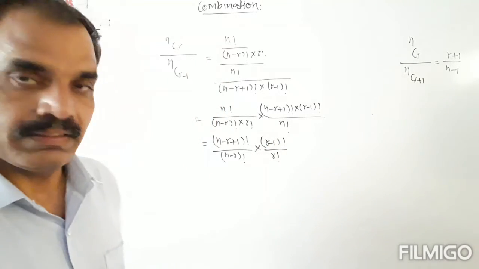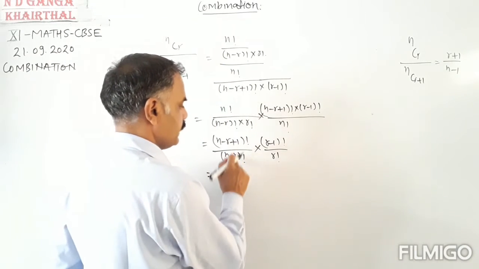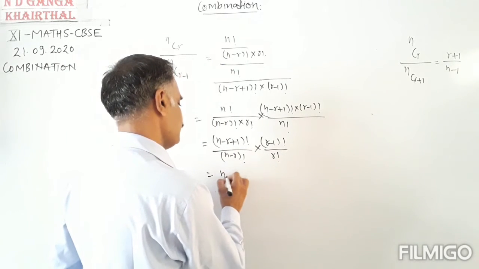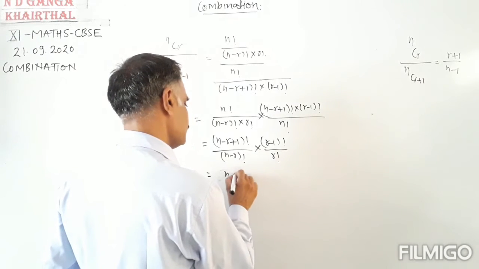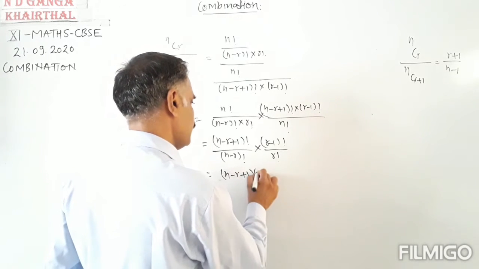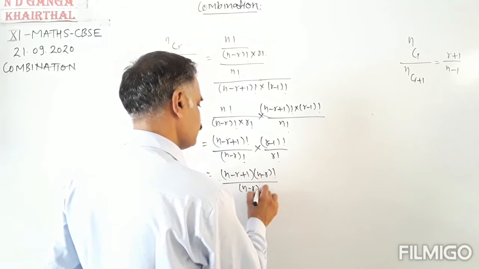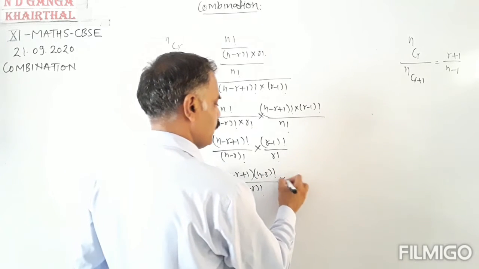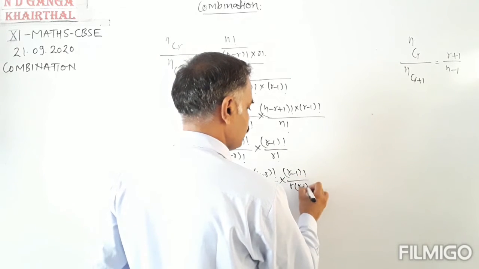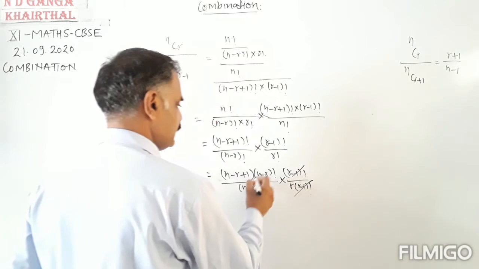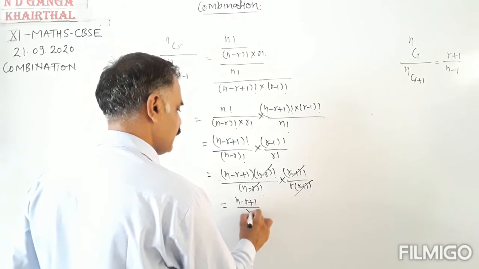Okay. So expanding the greater factorials: n minus r plus 1 is greater, so expanding this one time, n minus r plus 1 into n minus r factorial upon n minus r factorial, into r minus 1 factorial upon r into r minus 1 factorial. This will cancel this, so it equals n minus r plus 1 upon r.